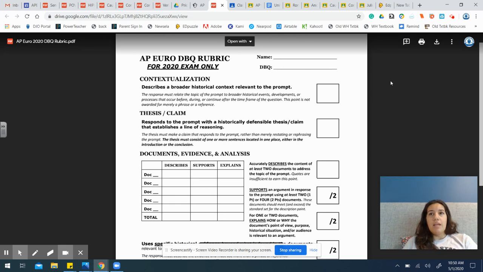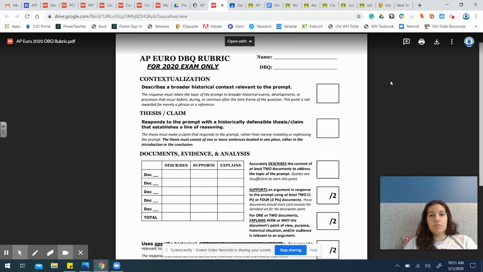And then the 5 documents that you'll need to be reading: if it takes you 2 minutes to read each document and think through what they're saying and what the purpose of those documents are, you want to think purpose, and whether they're a primary or secondary source.